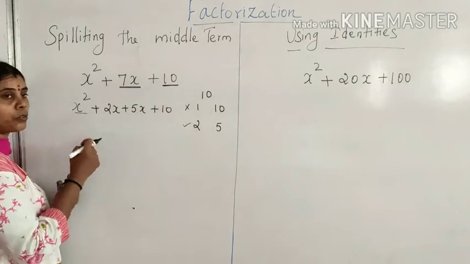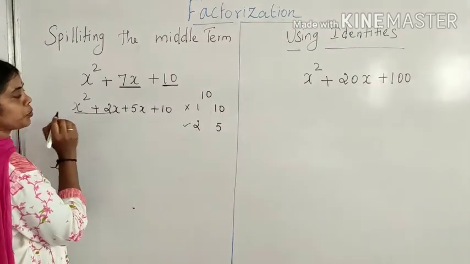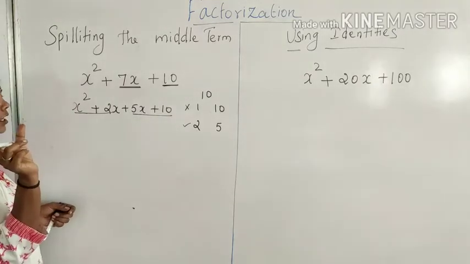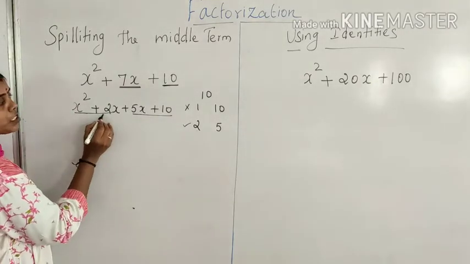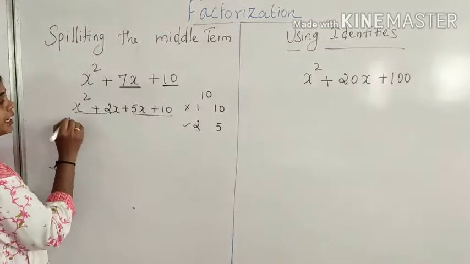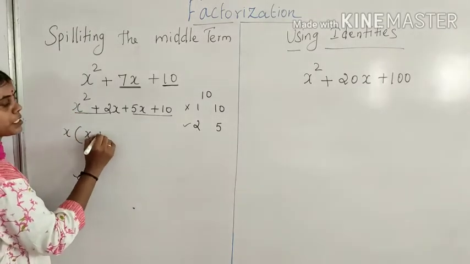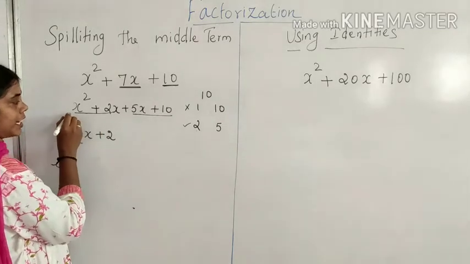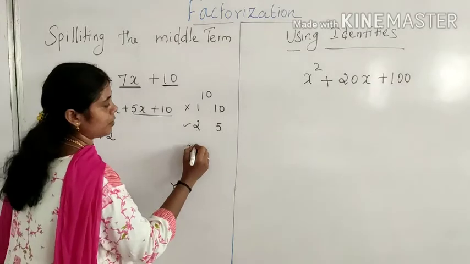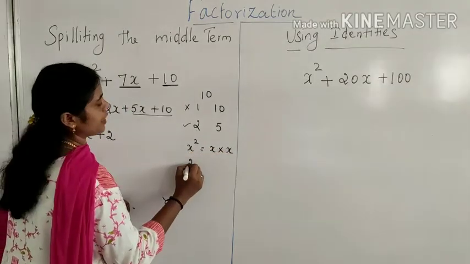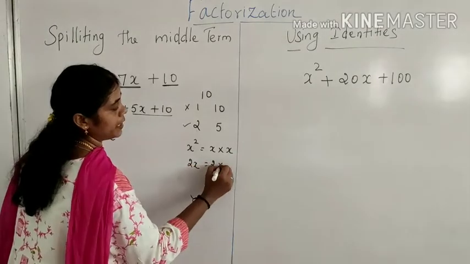Now, the 4 terms we are going to make into 2 groups of two terms each. In the first group, which is common? X. And the remaining is x plus 2, because x squared can be written as x multiplied by x, and 2x can be written as 2 multiplied by x.